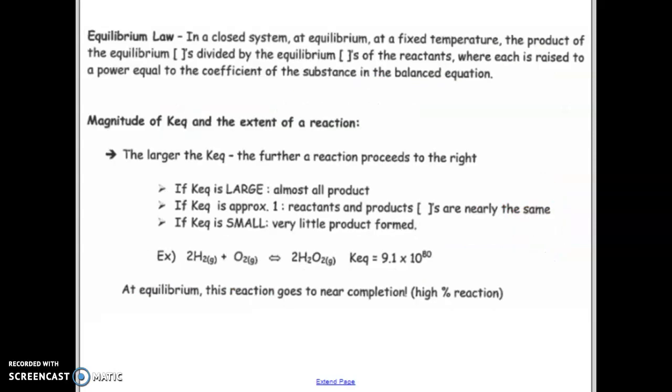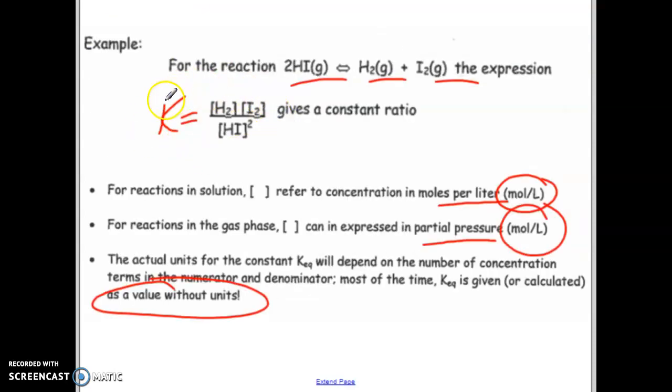Okay, so the equilibrium law. The law of equilibrium essentially explains the process of achieving our K expression. This paragraph here that we'll look at together is essentially describing what this setup is.